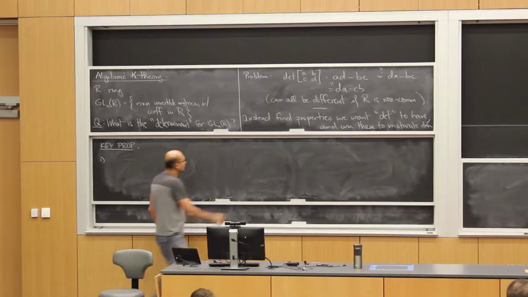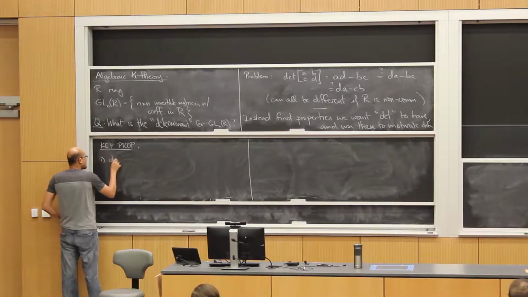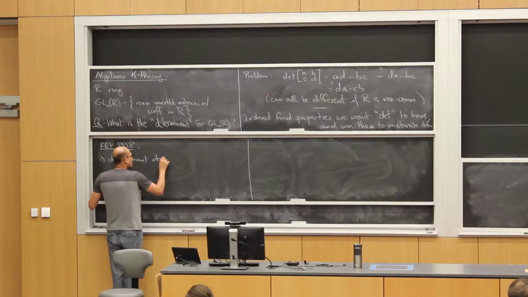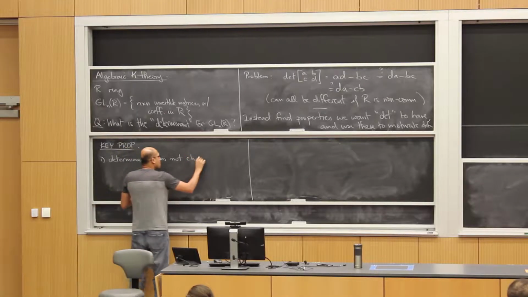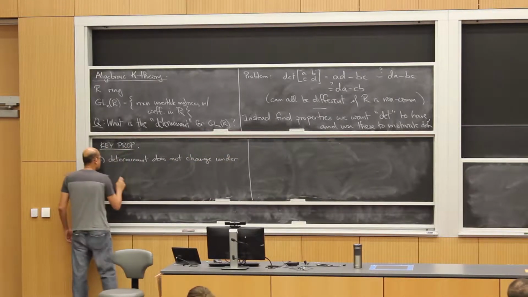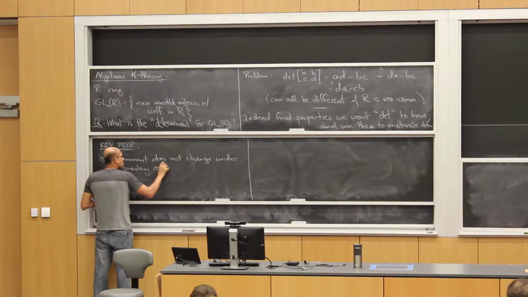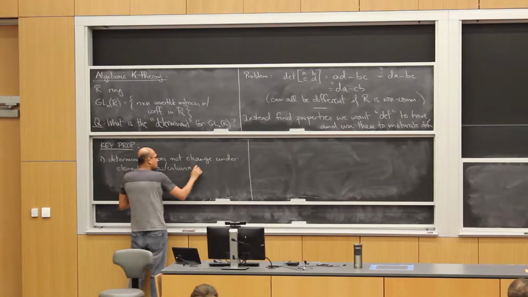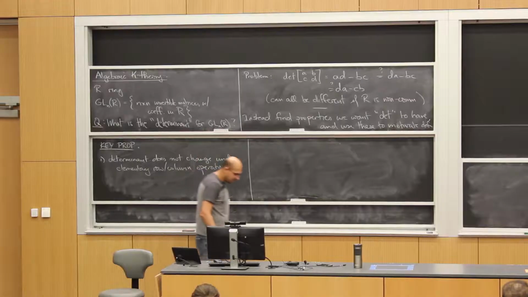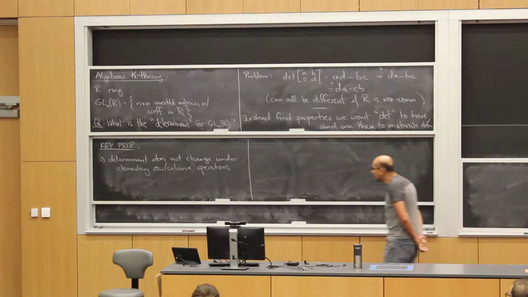So the first property is that the determinant does not change under elementary row and column operations. This is a basic fact: if you add a multiple of a row to another, your determinant doesn't change.